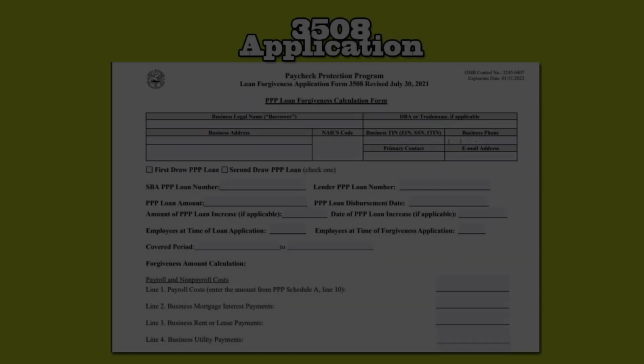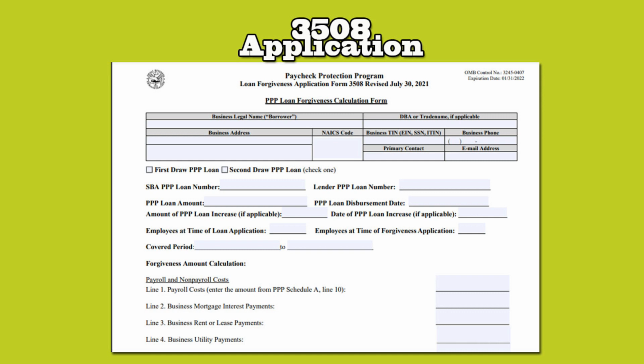First section. Simple peasy easy. Let's go over it. In the business legal name section, if you are self-employed, you would put your government name there. For example, John Smith. If you are a small business with a DBA, doing business as, you would also put your government name there. Example, John Smith.